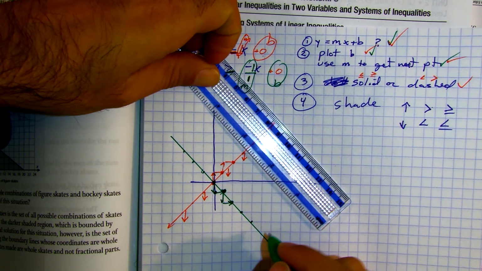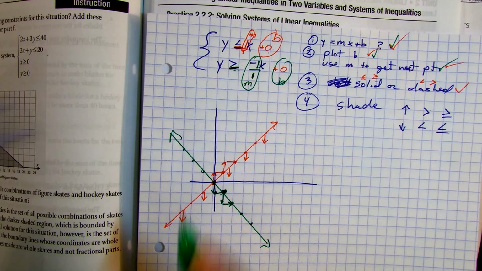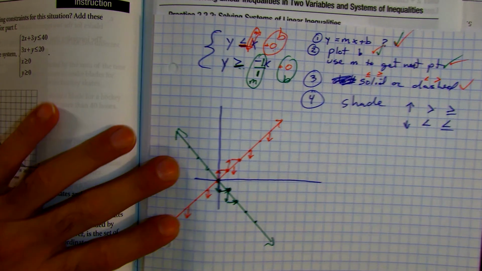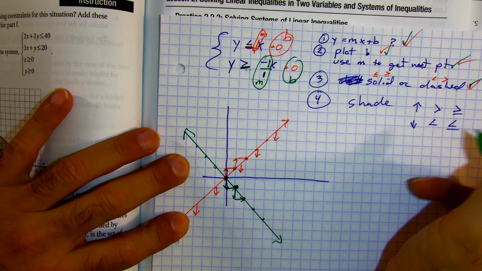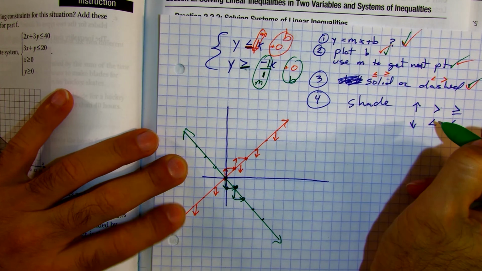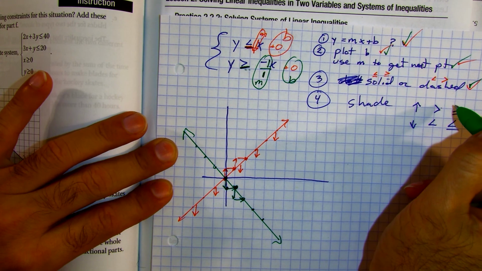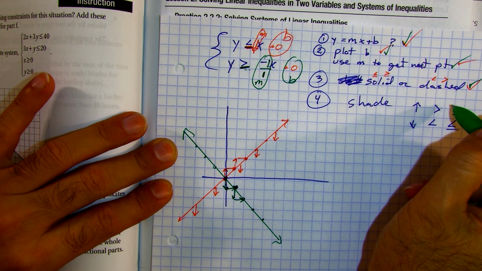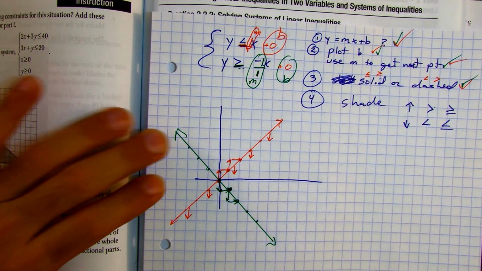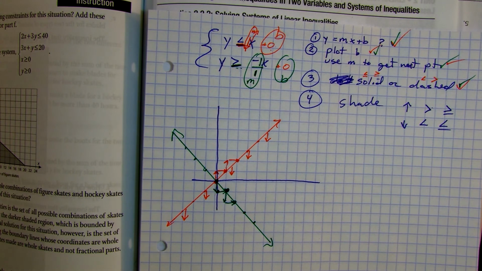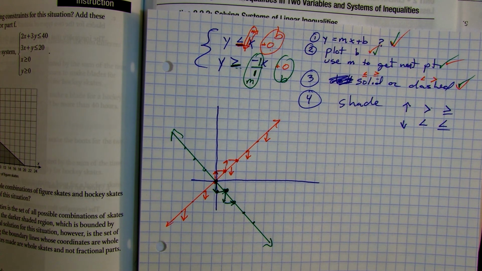Now, is it shading above or below? Just give me a thumbs up if it's above, thumbs down if it's below. Yep. All right, I'll give you a moment. Yep. Good, Melanie. Let's read it.